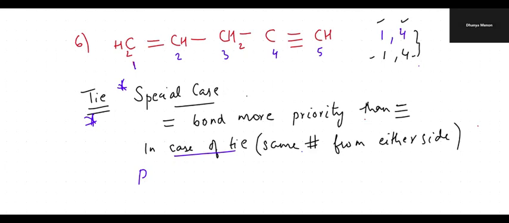So the name is pent-1-en-4-yne. The fourth position has the triple bond, and because E is followed by Y, we usually don't write this E, we just write "en" for ene. Treat this as a special case whenever there is a tie, the same numbering from either side.